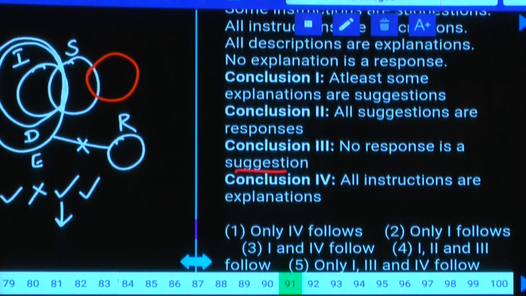Now tell me whether I can draw a response like this or not. If you draw a response like this, no response is, what is the statement here? Explanation. This is also valid. All the statements are valid. Alternate diagram drawn. Previous conclusion will be false. Hence what is left over here? Only 1 and 4, that is given in choice 3.